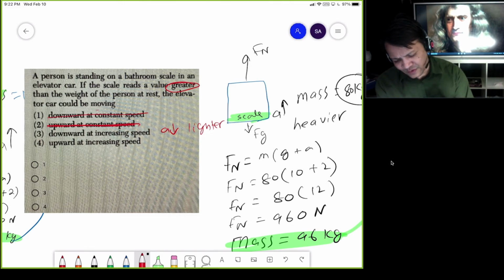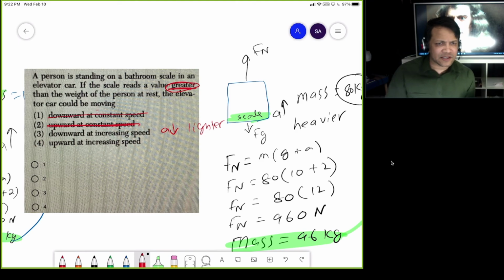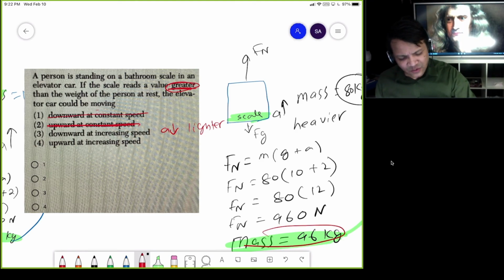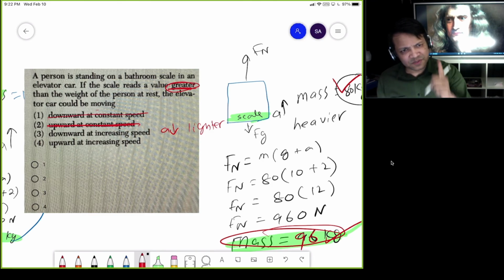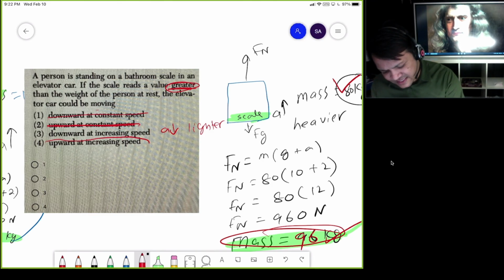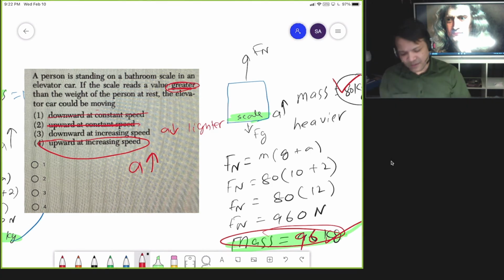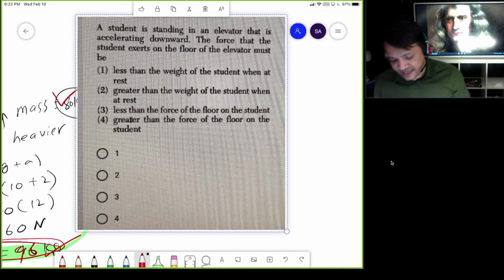The person should feel heavier only if the reading is greater. If the person is 80 kilogram, the scale would read 96 kilogram because of upward increasing speed, which means the elevator is accelerating upward, not downward.